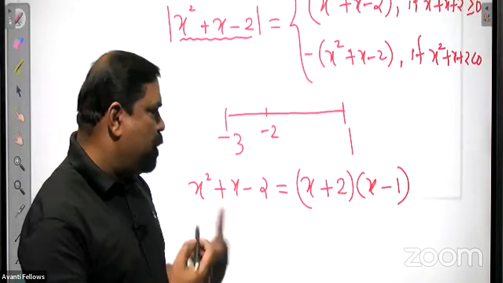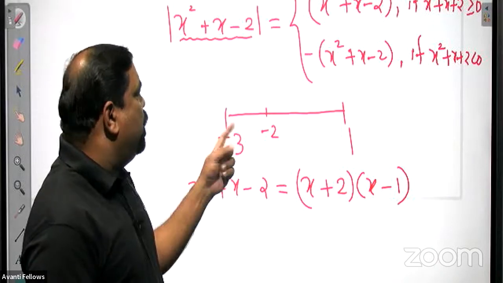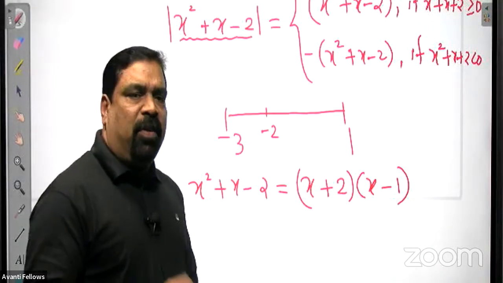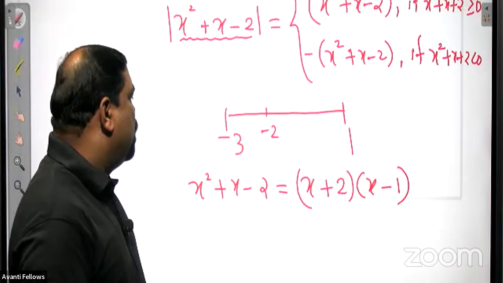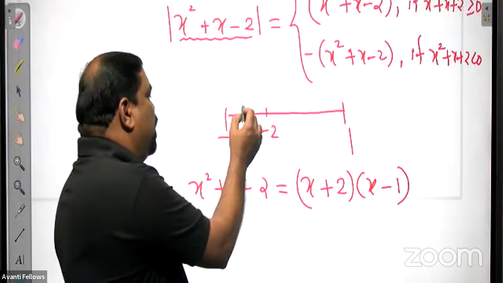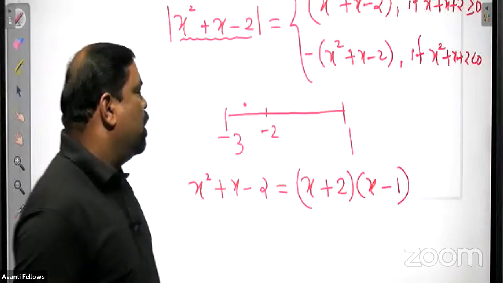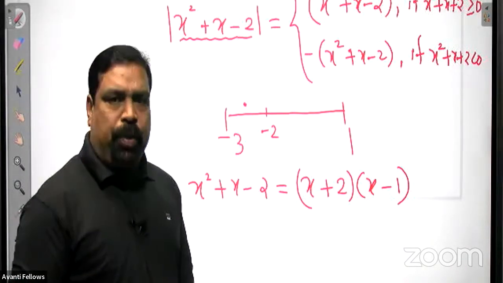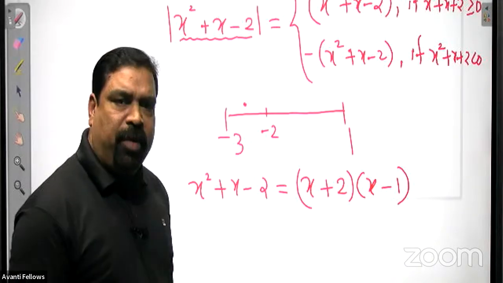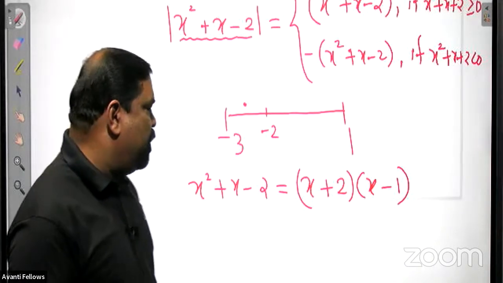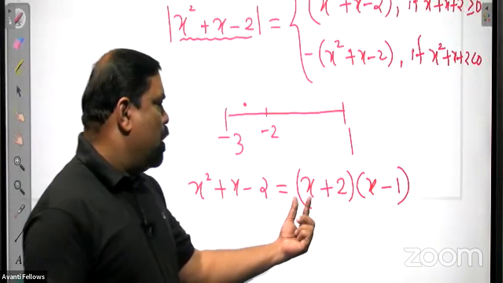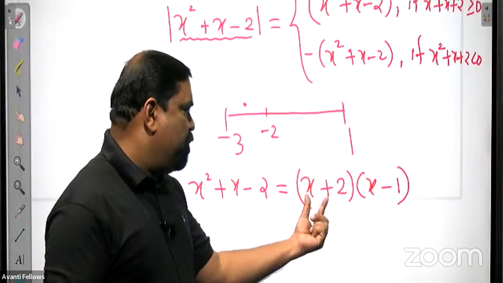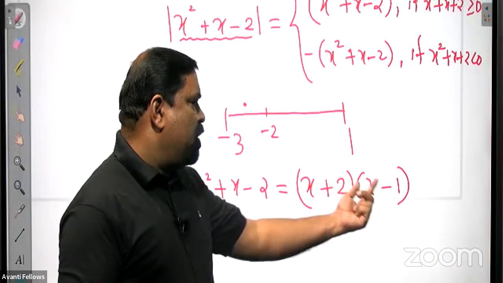The better way is to take any value in that particular interval, put it here, and see whether it is positive or negative. So let me take a point in this interval, in between minus 3 and minus 2. For example, I take minus 2.5. If I put x as minus 2.5, the first factor will be minus 0.5, and the second one is also negative.